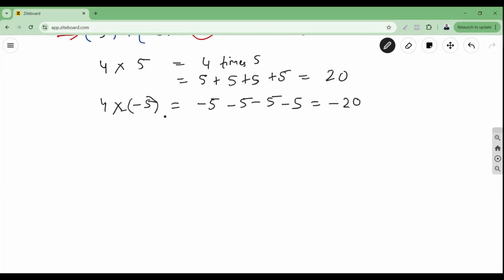Now what did we notice here? Whatever answer we got, the modulus of it, the numerical value, was 20 only. However, because one of the integers was a negative, we got a negative answer.